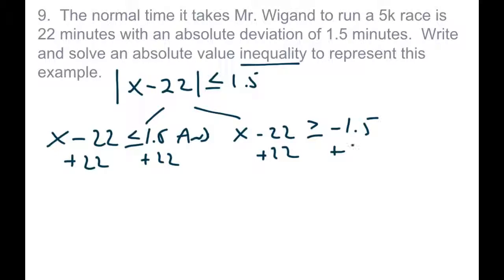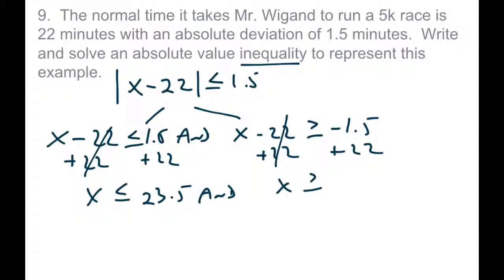Do that for both inequalities. 1.5 plus 22 is 23.5, and negative 1.5 plus 22 is 20.5, and we would write that in a different form. We want to do the 20.5 down here, less than or equal to x less than or equal to 23.5, because it's all the values less than or equal to 23.5 and greater than or equal to 20.5.